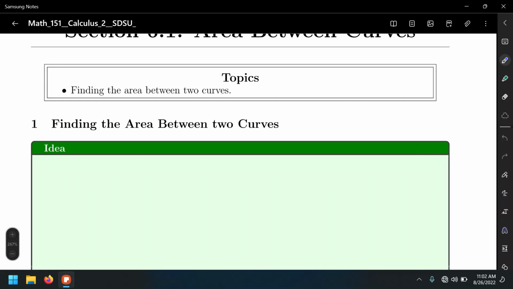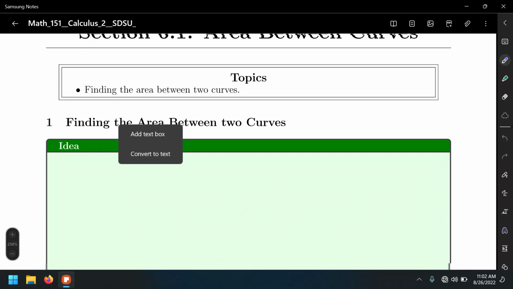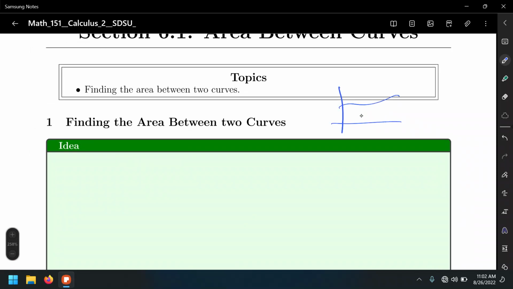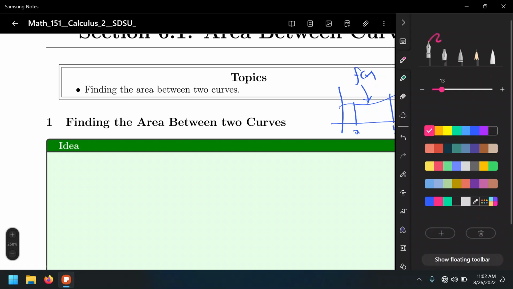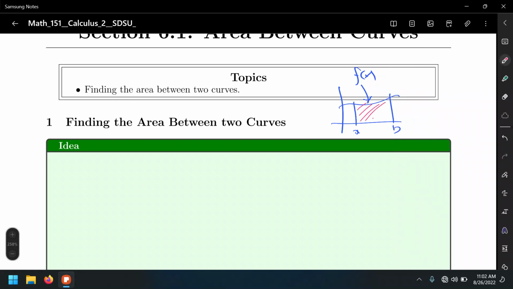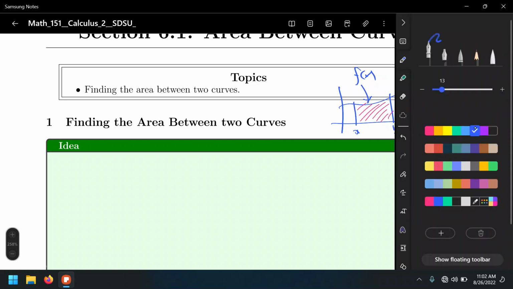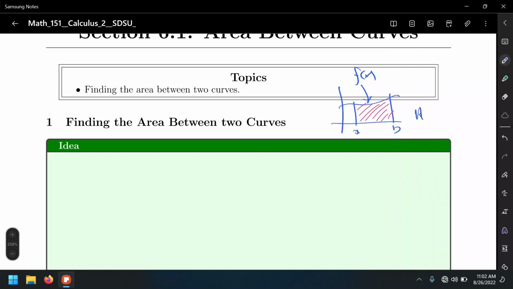The picture for that is the following. A function f of x, from a to b, and that shaded area right here can be found by the integral from a to b of f of x with respect to x.